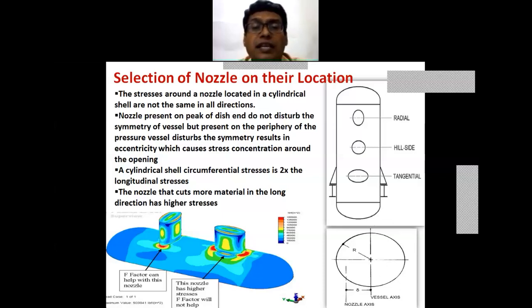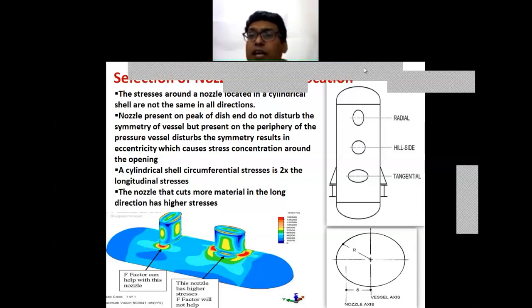Then in a cylindrical shell, the circumferential stress is 2 times the longitudinal stress, which we have already seen. The nozzle that cuts more material in the longer direction has the higher stresses. If you look at this figure, this is the CFD, computational fluid dynamics analysis of the stresses.